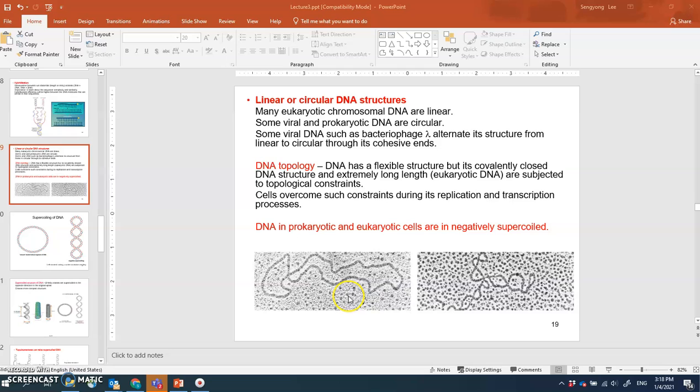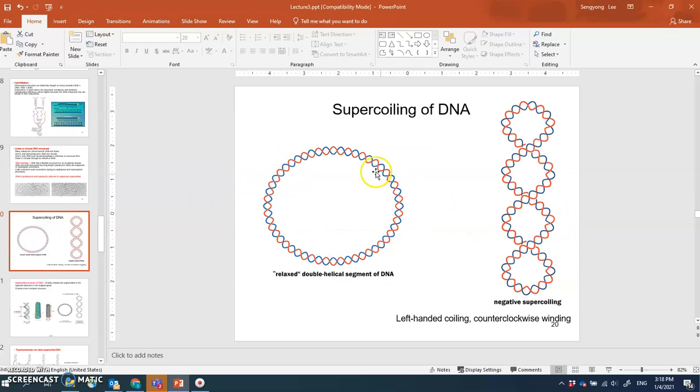Instead of existing as a relaxed circular line, it coils up more, negatively supercoiled. The original structure inside the cell is a negative supercoiled structure. Instead of existing as circular DNA like this in bacterial cells, that DNA adopts this conformation. It's coiled up again more. That's negative supercoiling.